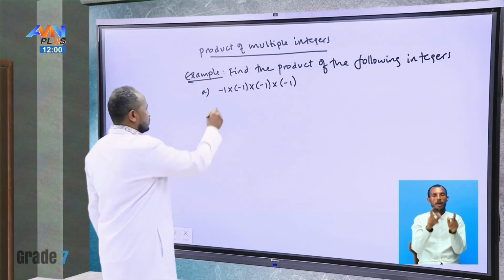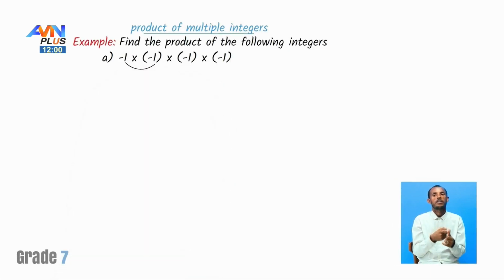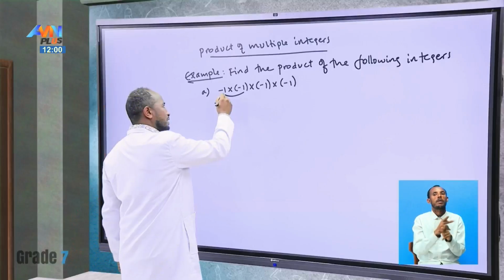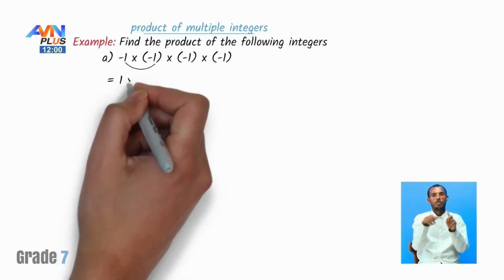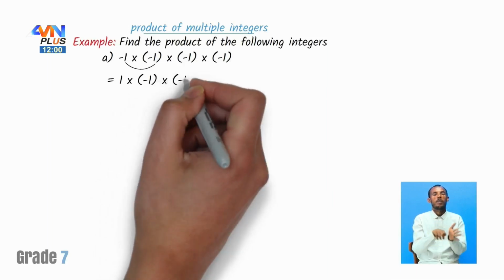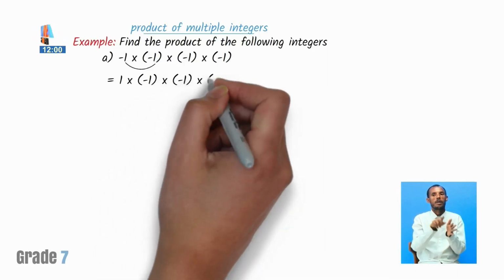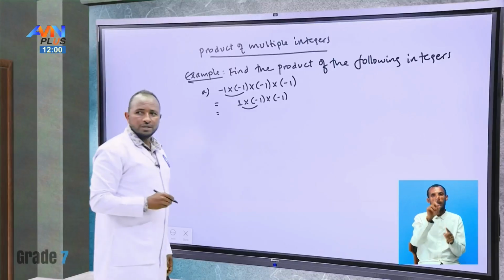To multiply this, just multiply sequentially. First, multiply these two. -1 times -1 is positive 1, that's correct, times here you have minus 1 times minus 1. Again, multiply these two. What will be the product?